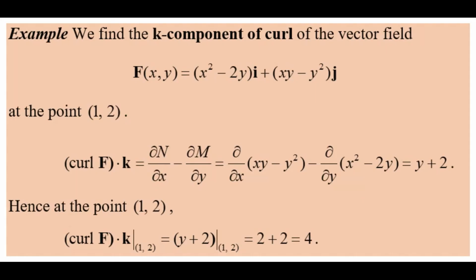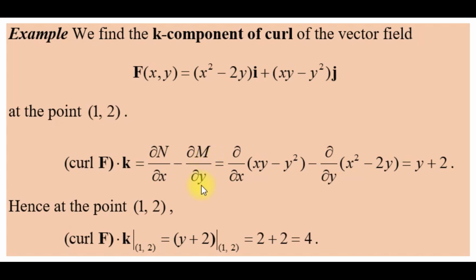As an example, we find the k component of curl of the vector field f(x,y) equal to (x squared minus 2y) i plus (xy minus y squared) j at the point (1, 2). By definition, curl f dot k, which is the k component of curl or k component of circulation, is given by partial derivative of n with respect to x minus partial derivative of m with respect to y.